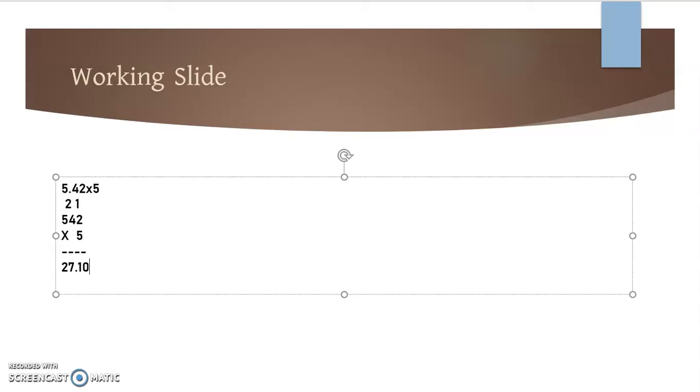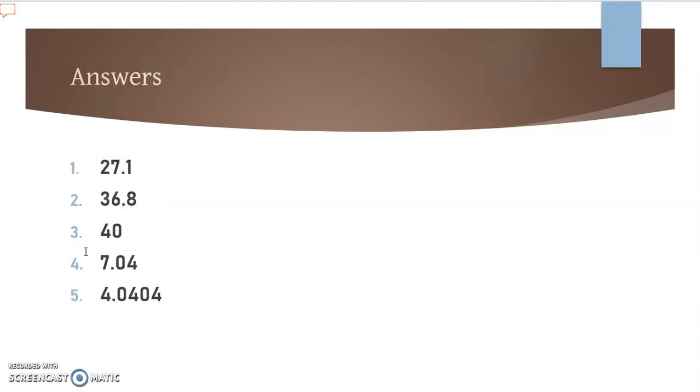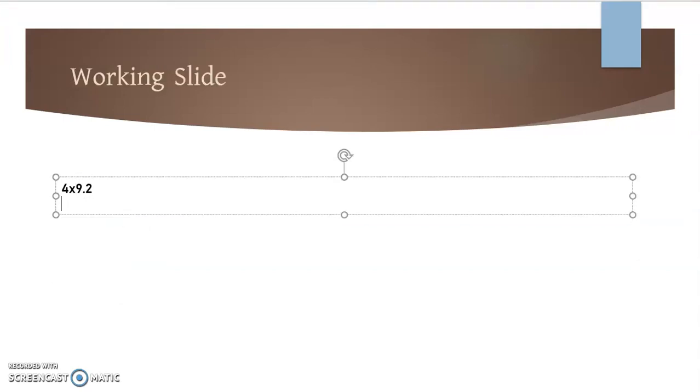well. Next question, 4 into 9.2. Here we have one decimal point and the other number has none, so our answer should have 1 plus 0, that is 1 decimal point at the least.